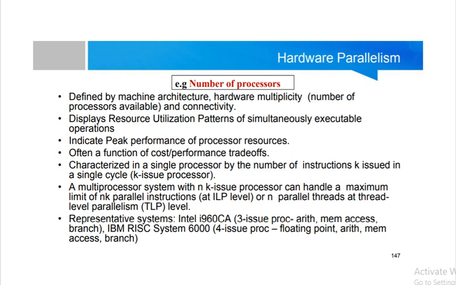And the next one is the RISC System 6000. It is made by IBM, and this is a four-issue processor. The floating point issue is added to the arithmetic, memory access, and branching issues. These are the examples of hardware parallelism.